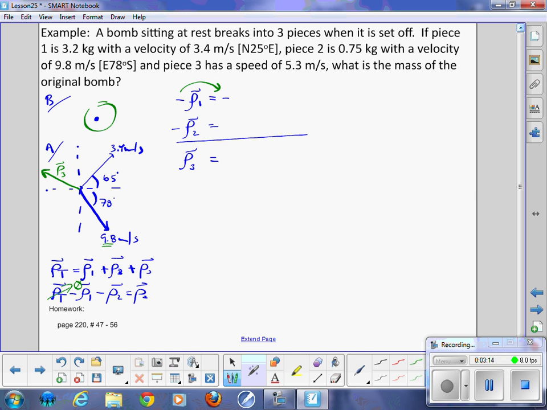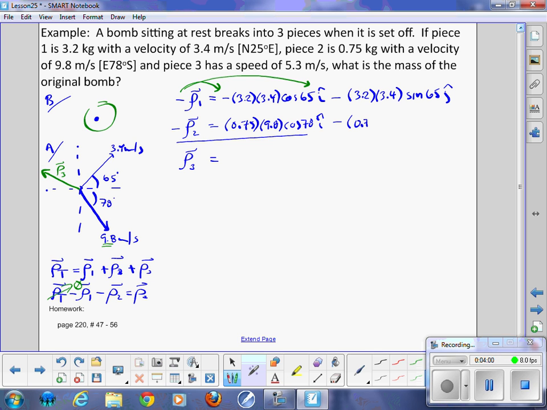So I'm going to have negative, and the first mass is 3.2, velocity is 3.4, cos 65, in the I direction, minus, again distributing that negative in so I don't forget about it later, 3.2, 3.4, sine 65 J. That second piece had a mass of 0.75, so 0.75, 9.8, cos 78, and minus, because it's in the lower quadrant, 0.75 again, 9.8, sine 78, sorry, in the J. Now we can go ahead and do the calculations.